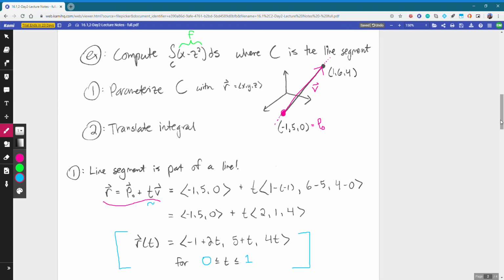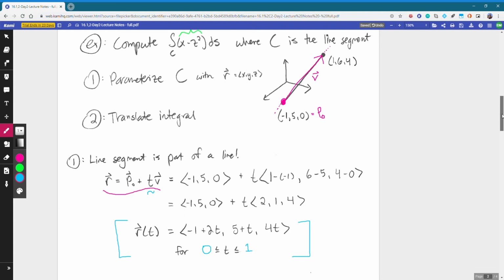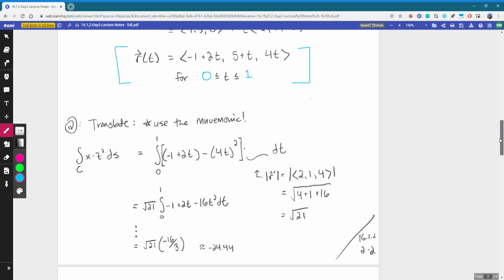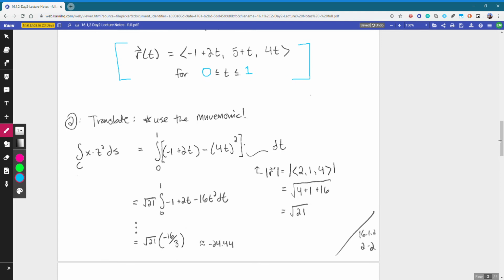All right, now that we have our parameterization, we want to go ahead and use it to translate our integral. And so, in order to translate our line integral, we use the mnemonic, and it says we want to multiply by 1 over dt dt.